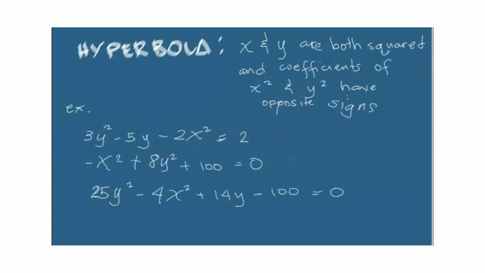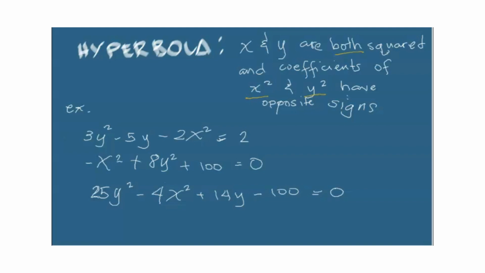The last conic section is the hyperbola. For a hyperbola, when x and y are both squared and exactly one of the coefficients is negative and one of the coefficients is positive, meaning the coefficient of x squared and the coefficient of y squared must have opposite signs.